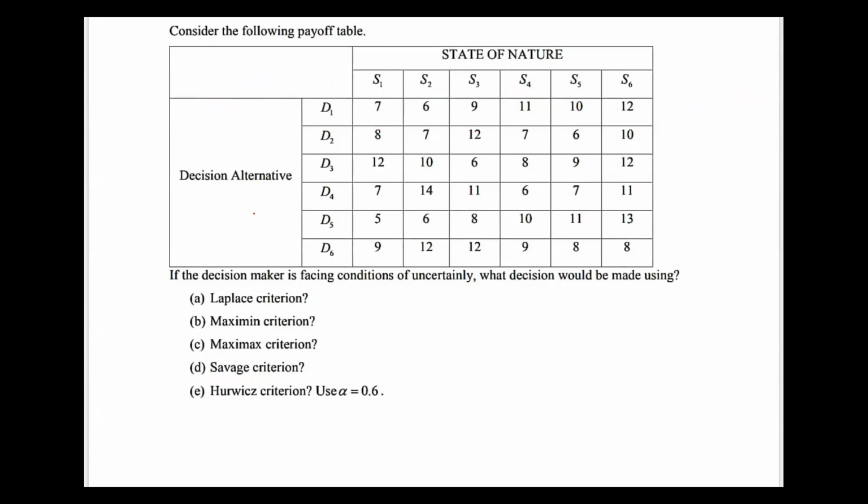The first state of nature is this one. You look for the highest score in it. What is the highest score? It's 12. So you deduct all these other numbers from 12 in the first state of nature. So 12 minus 12 is 0.